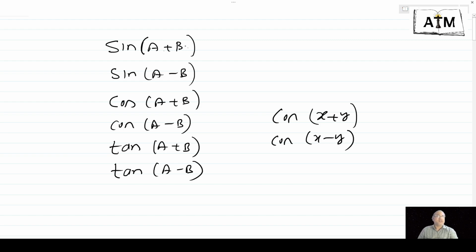I am going to tell you how to expand all these trigonometric ratios for a plus b and a minus b. I am not going to talk about sec, cot and cosec, because majorly in all colleges sine, cos and tan are utilized. Therefore I am going to talk about sine, cos and tan.